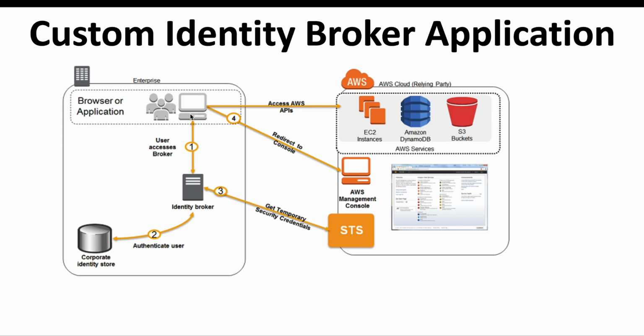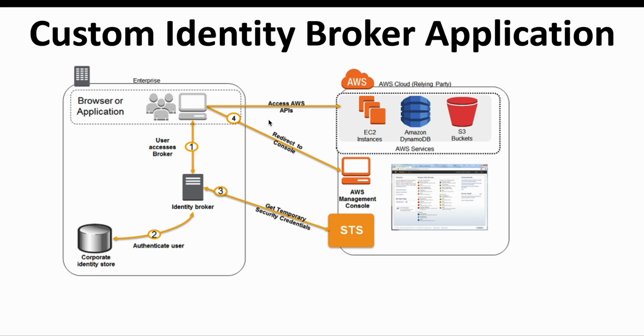The identity broker will create a URL. In the case of access through the browser, it will redirect using that URL with the credentials to the AWS console, and the AWS console will allow access because it already has the role, and based on the permissions assigned to the role, it will provide or deny the access.